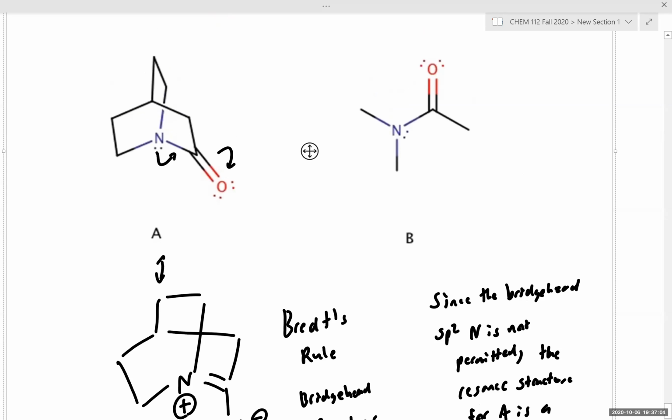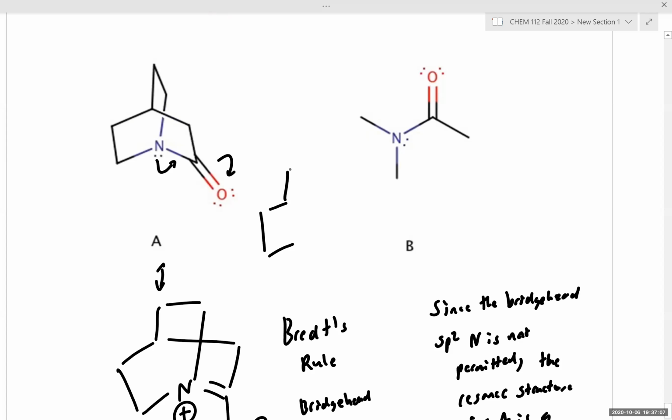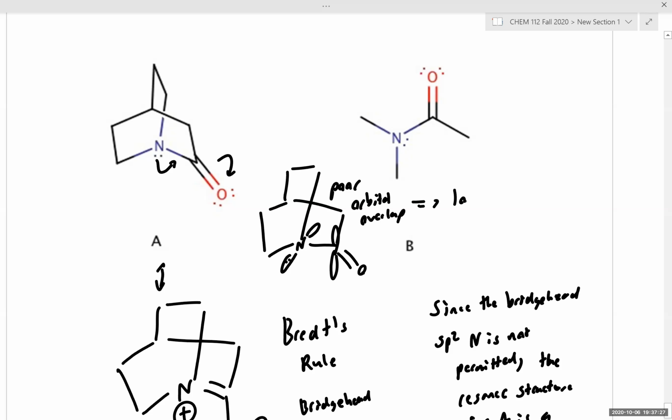You can also make an orbital overlap argument that there is poor orbital overlap. And as a result, our lone pair is more localized. Sort of a backdoor argument using the same logic.